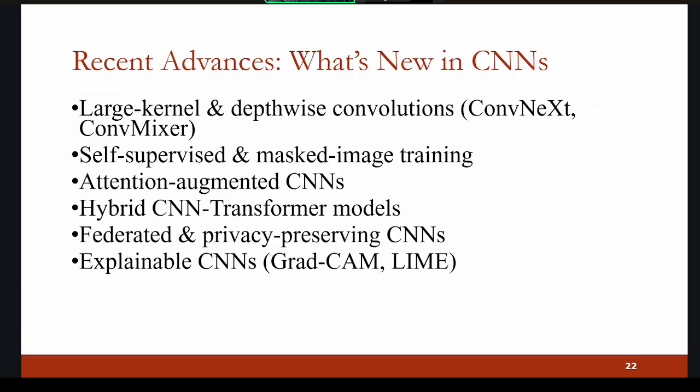The other recent advances in CNN architectures: they played with kernel sizes and convolution layers, and depth-wise convolution layers. And then instead of using a supervised model, they used a self-supervised model.